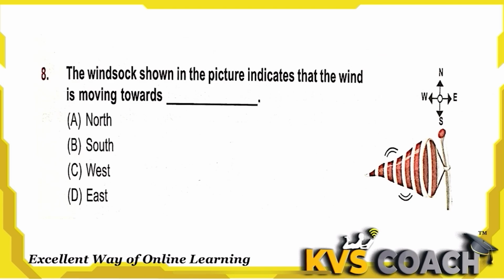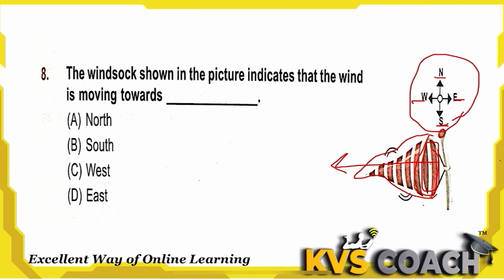Next question is, the windsock shown in the picture indicates that the wind is moving towards. So, look, where is wind moving? You can see that the direction is given here. This is east, this is west, this is south, and this is north. This windsock is open from this side and air fills in it, so the direction of the windsock is here.